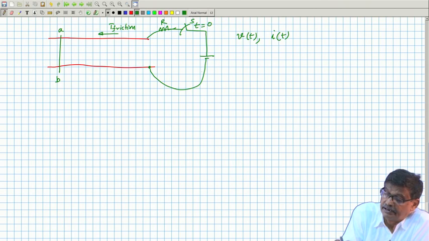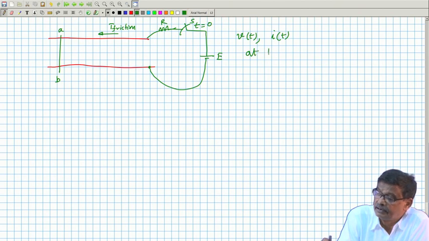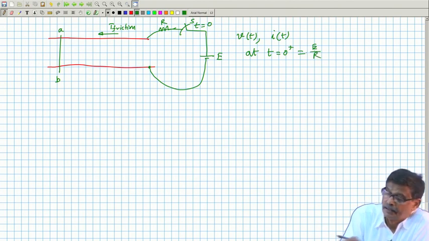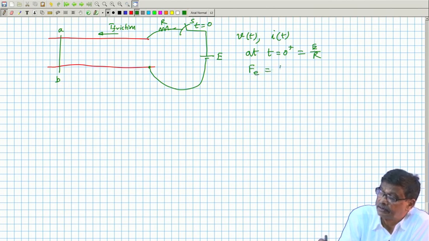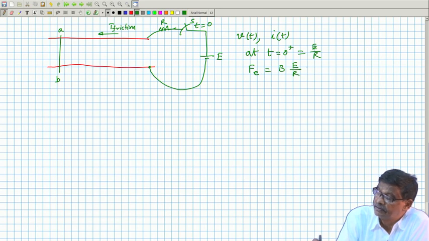Because there will be current at t equal to 0, which is equal to E by R. So, motion will start. What will be the force acting on the conductor at t equal to 0 plus? At t equal to 0 plus, current is E by R. Therefore, the electromagnetic force acting on the conductor is B I into L, that is B E by R into L, and its direction is from left to right.